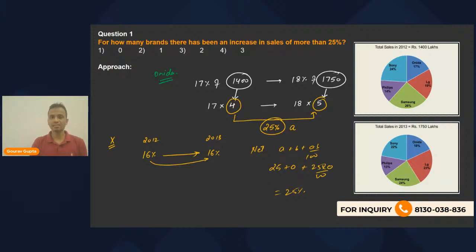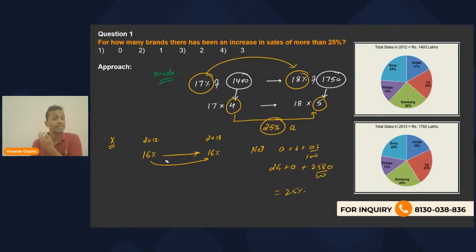On the other hand, if the percentage share increases, then the net percentage change will be more than 25%. If the percentage share decreases, the net percentage change will be less than 25%. And you can see it by using the formula of A plus B plus AB upon 100.